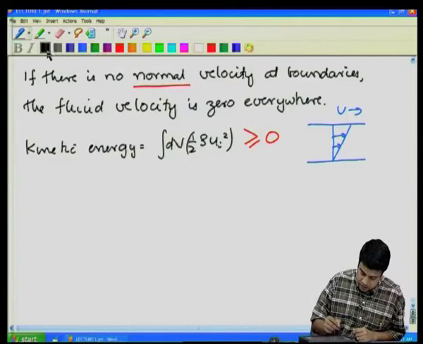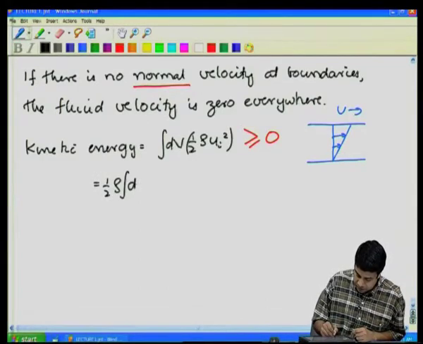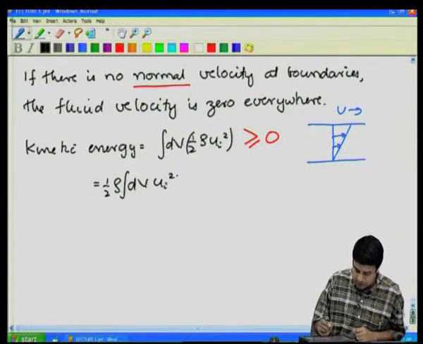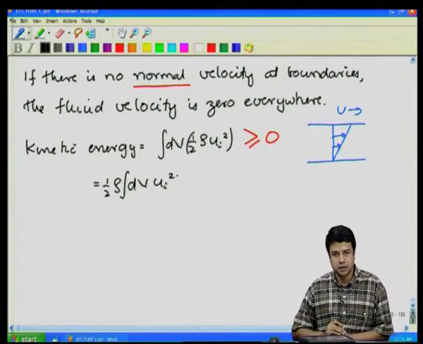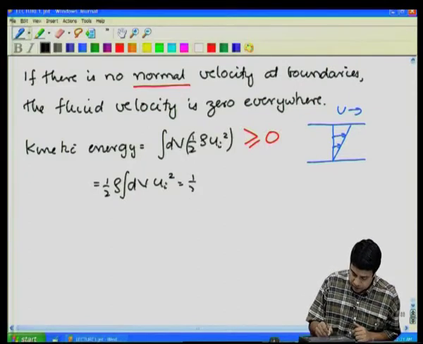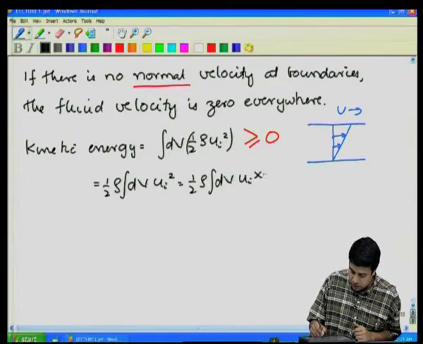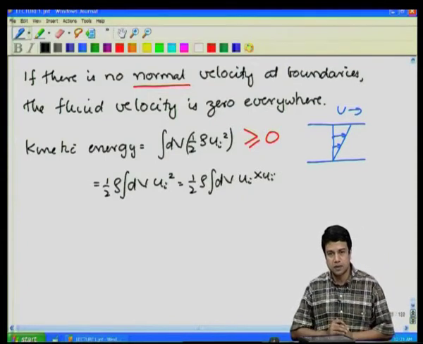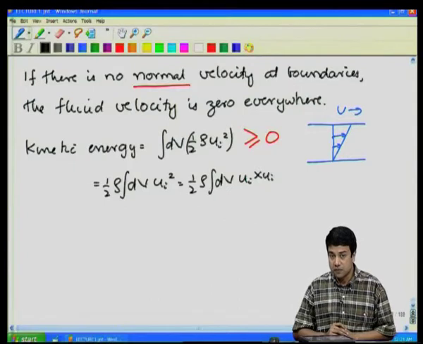Since the density is a constant, I can write this as half rho integral dV times u_i square, which is equal to half rho integral dV u_i into u_i. For one of those u_i's, I express the velocity in terms of the gradient of the potential.